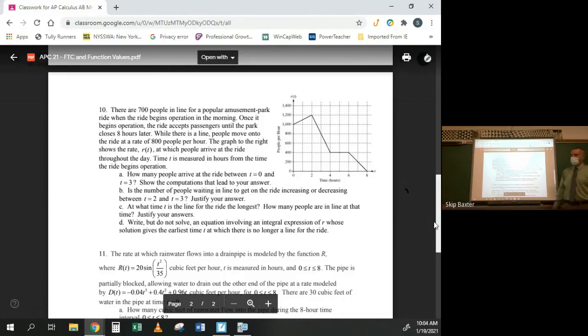So just logistically, if this is the rate at which people are arriving at the ride, and we know that people are leaving the ride by getting on it at 800 people per hour, doesn't it make sense that the moment at which there's no line is when the total number of people, wait.